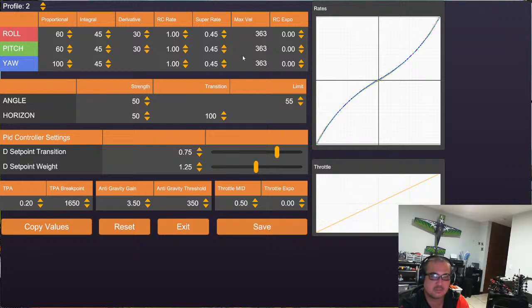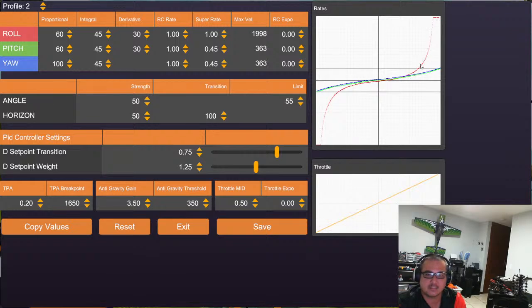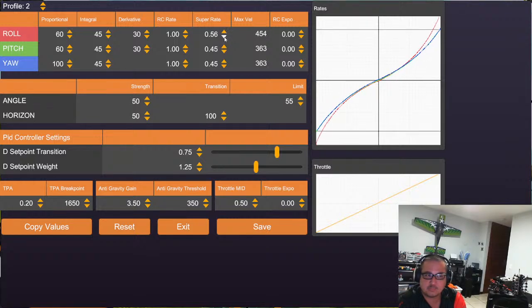Put in 2. It doesn't let me do 1. See this line up here, the red line? You can barely see it because it's just off the graph. Traveling along your stick, you shove it up that far, and all of a sudden, bam! It shoots up very unpredictably. That's undesirable. More linear than that is desirable.